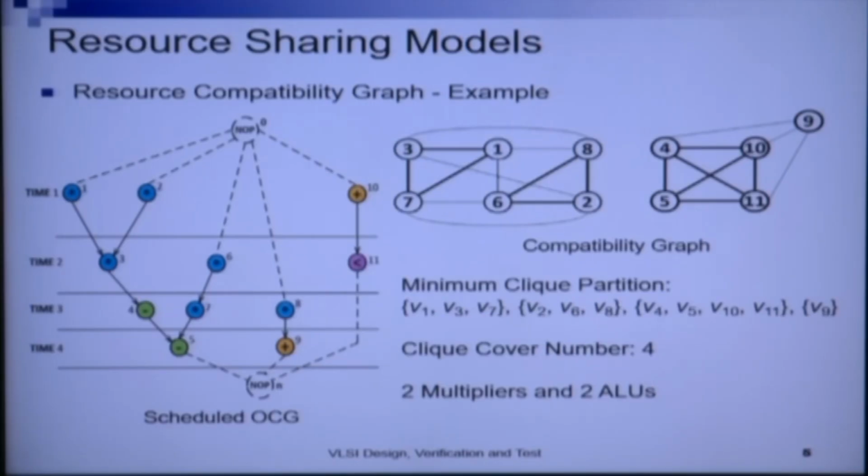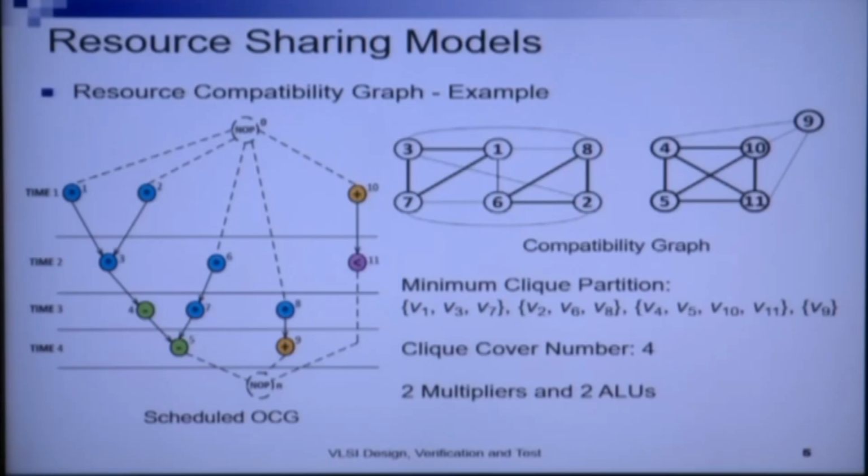Now, what is the minimum clique partition in this graph? We have here V1, V3, V7, the one with emboldened edges. So, these complete subgraphs with emboldened edges form the cliques.